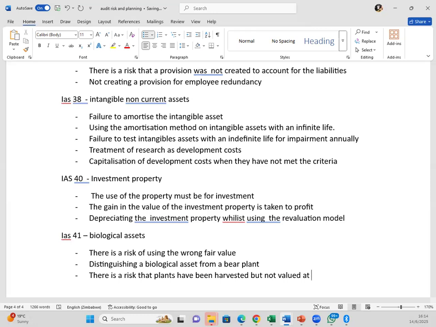If it's produce, we apply IAS 2. Why should they be treated at the lower of cost and net realizable value? Once they are harvested, they are part of inventory.